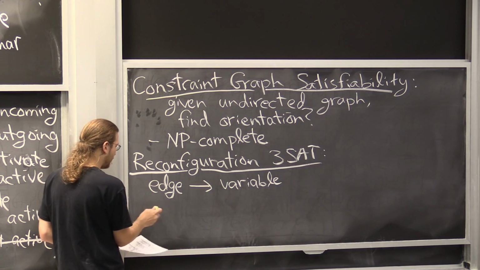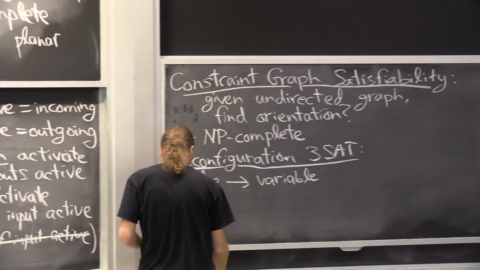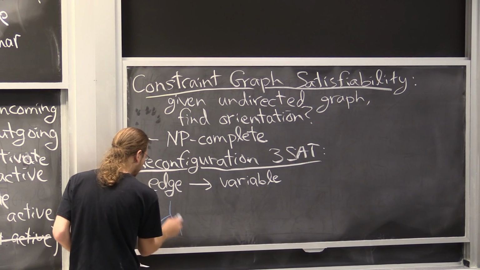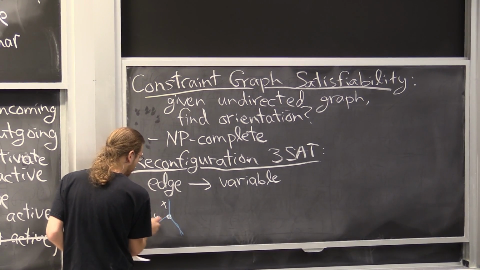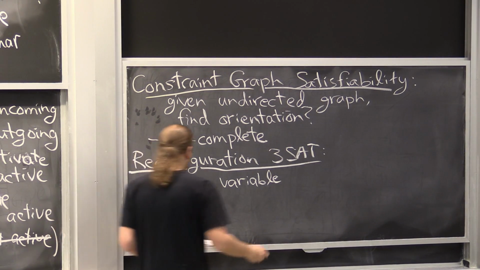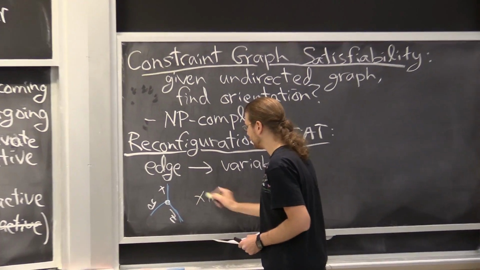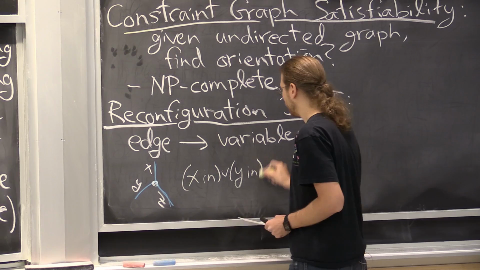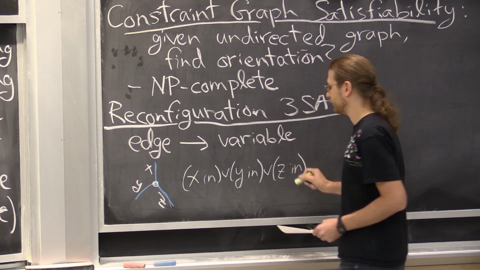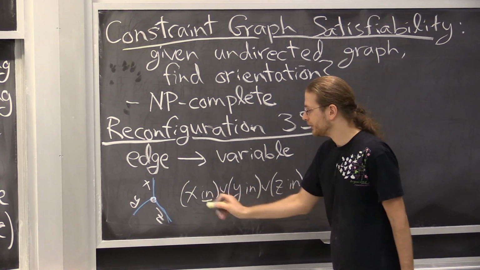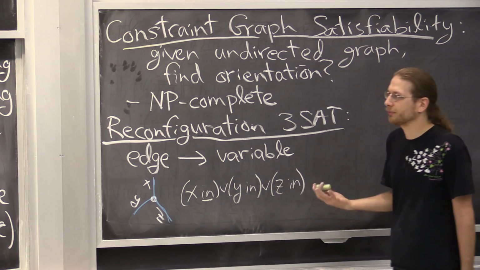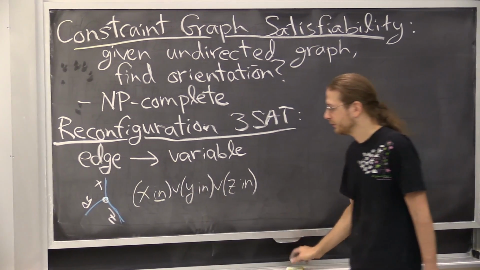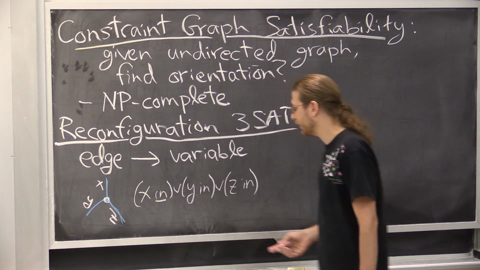And then if we have an OR vertex with edges x, y, and z, then the constraints are that x must be in, or y must be in, or z must be in. That's an OR constraint. And in here means I write x or x bar according to whether in is the positive or the negative orientation, the true or the false orientation, however you decided this. OK, so that's a 3-SAT clause.